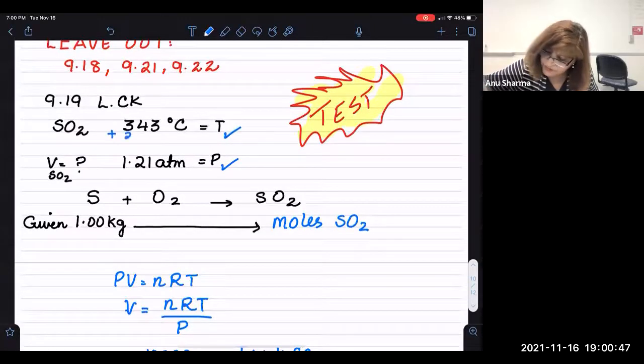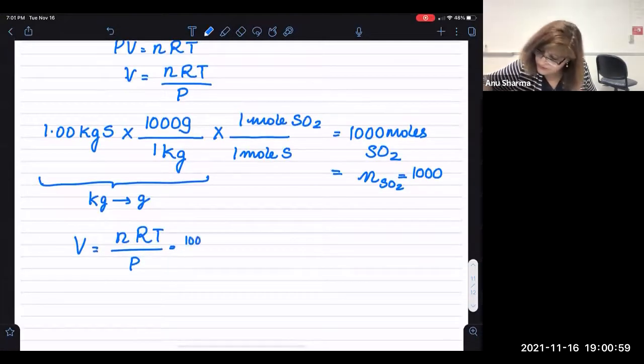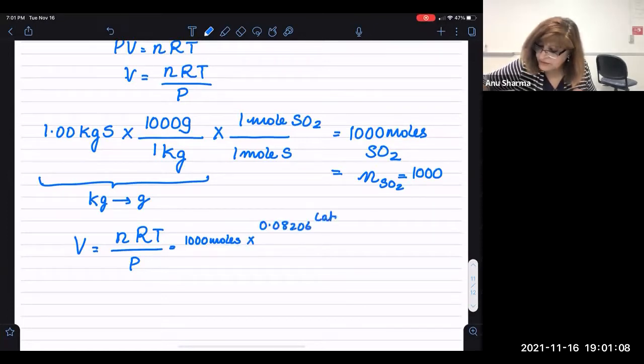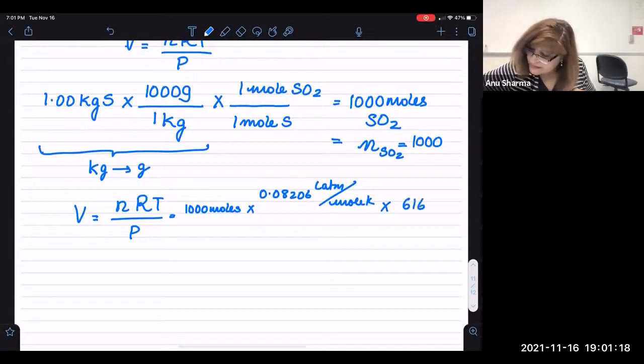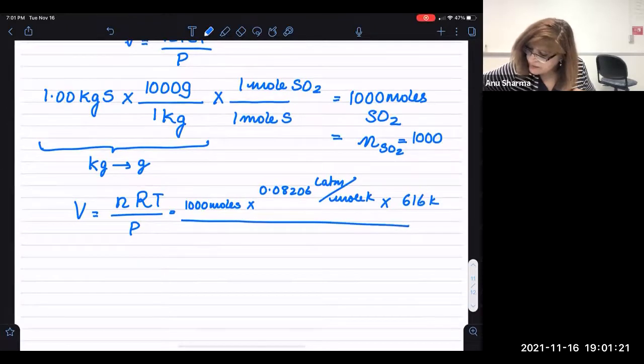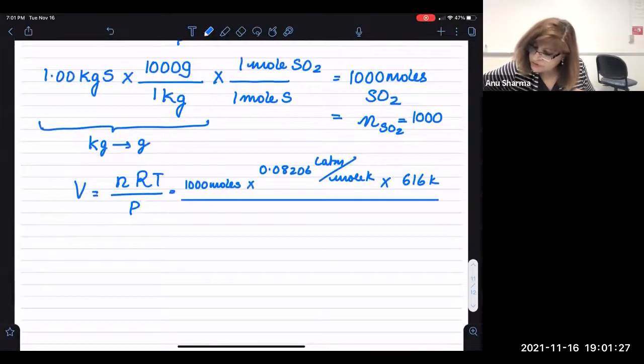Temperature is plus 273, so this becomes 616 K. Okay, and so 1000 moles of sulfur dioxide times 0.08206 liter atmosphere per mole K, times the temperature, 616 K, over P. Pressure is 1.21 atm.